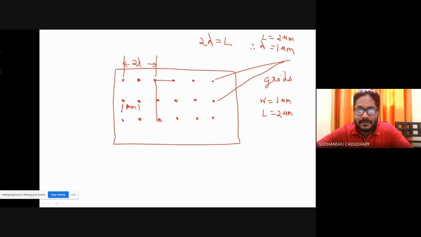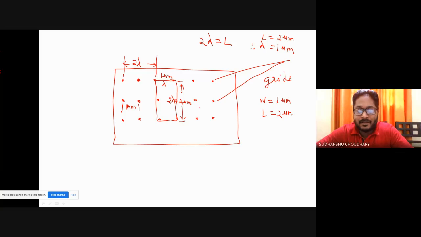I'll connect and then draw it here. So this is a wire of width 1 micrometer and length across this is 2 micrometers. I didn't measure in terms of micrometers; I simply measured in terms of lambda. That is, this is lambda and this dimension is 2 lambda.